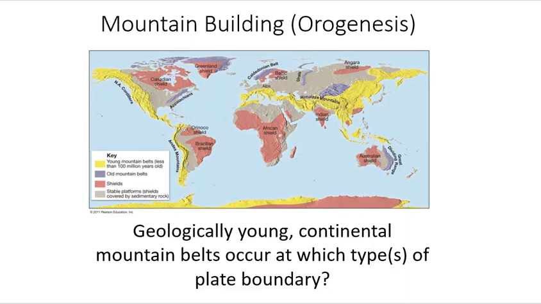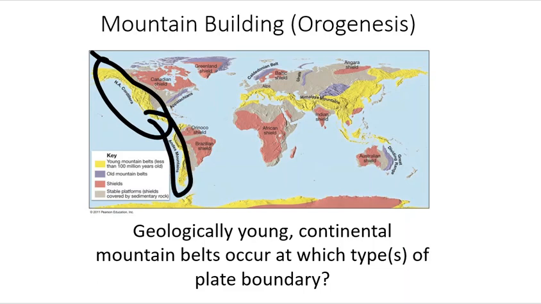So, for example, if we first focus along the west coast of North America, Central and South America, we have relatively young mountain belts in that area. But we could also focus on the east coast of North America and also in Central Asia and Eastern Australia, and we can see older mountain belts in these areas.